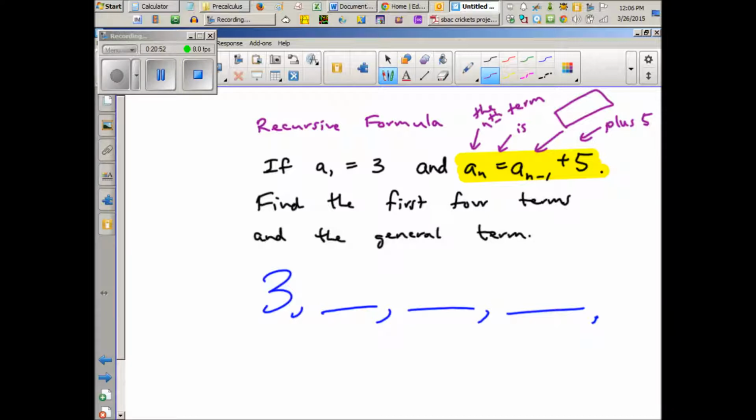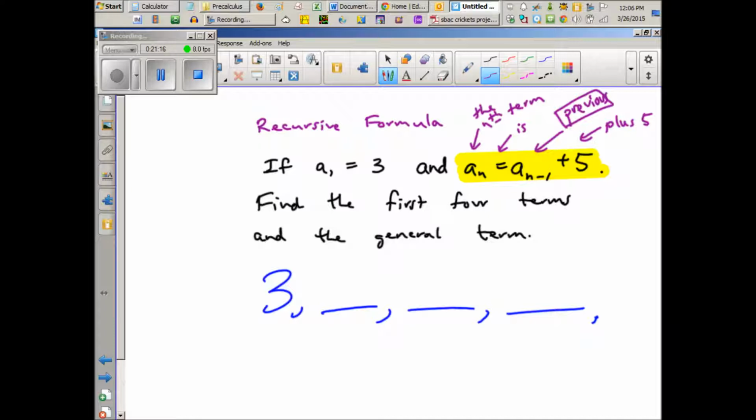So this is the nth term, and this is the term right before it. That's what it means. So the nth term is the previous term plus 5. Previous plus 5 is what it means. Okay? This is very easy then.